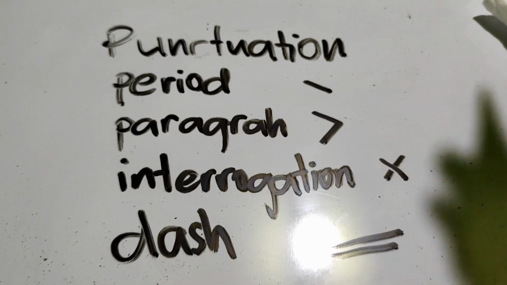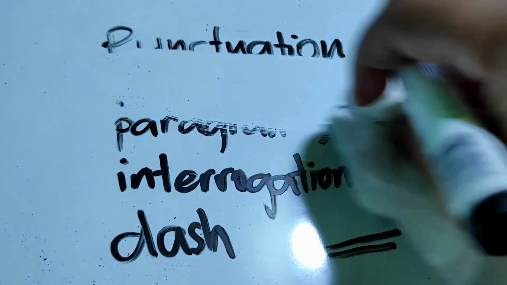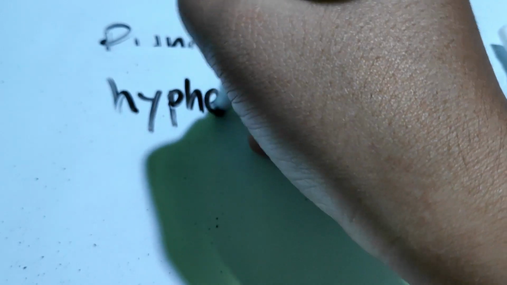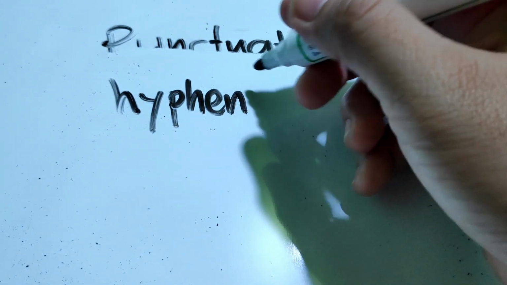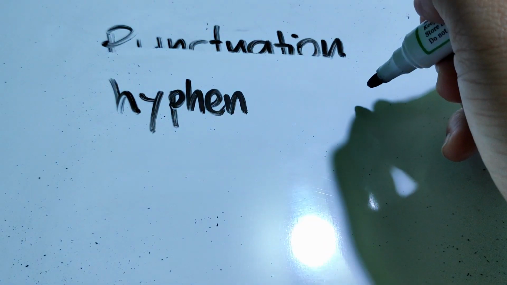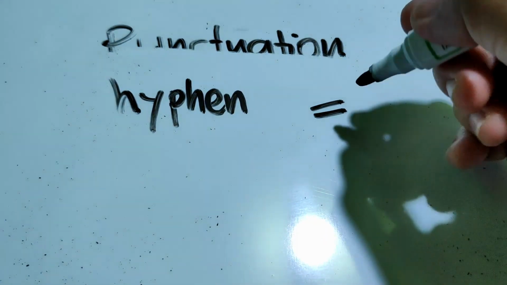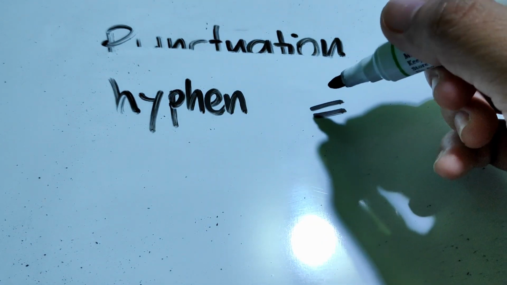Another type of punctuations are the hyphen. Okay. For the hyphen, if the dash is longer, then the hyphen is shorter. Two parallel lines pero slanted gamay.